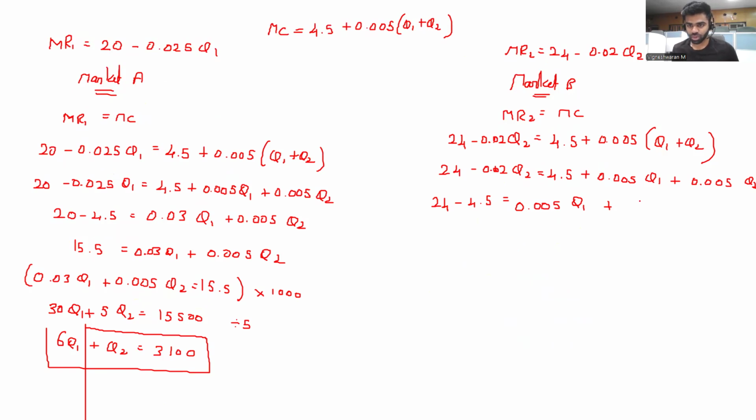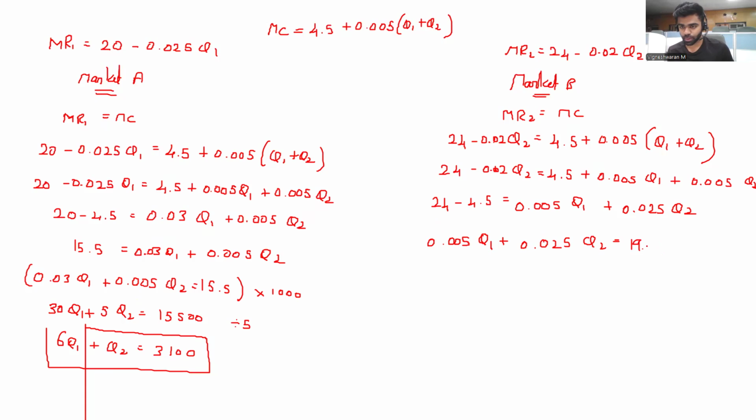Okay, so it will be 0.025 Q2. So 0.005 Q1 plus 0.025 Q2, that will be equal to 24 minus 4.5, 19.5.